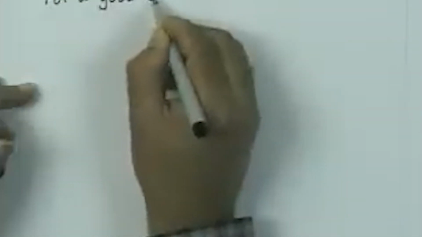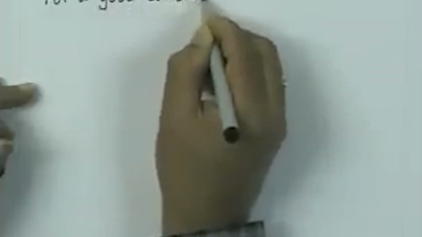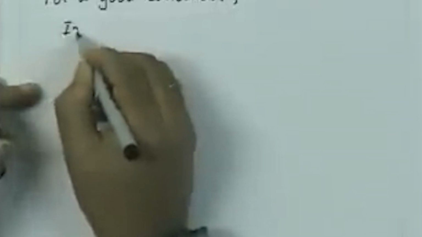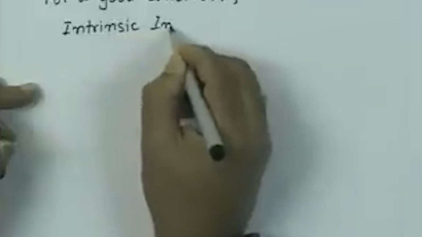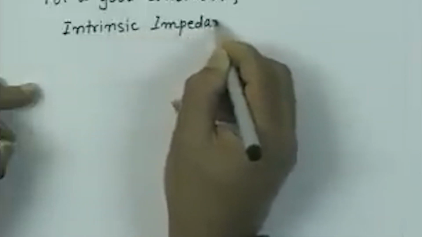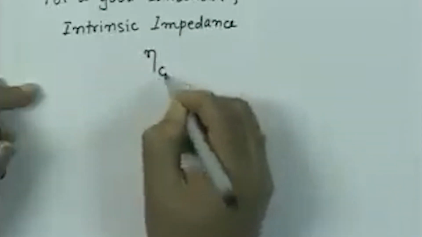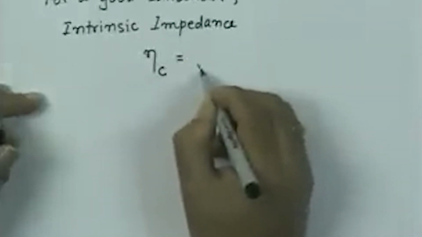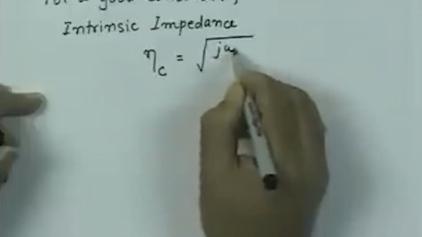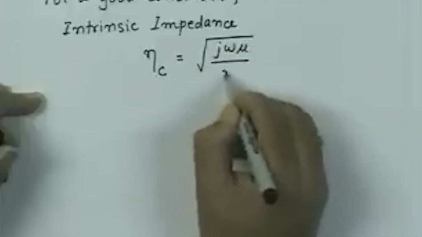So, if I calculate what is the intrinsic impedance of the medium for the good conductor, intrinsic impedance eta c is equal to square root of j omega mu divided by sigma.